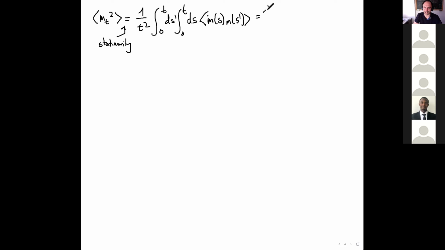Okay, no problem. This is 1 over t squared. I will just do a definition here. ds prime integral 0 to t ds, and I will call this object g of s minus s prime. It's like a correlation function. Okay, and then I have introduced here the following.